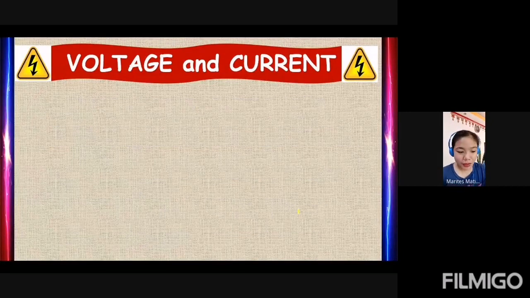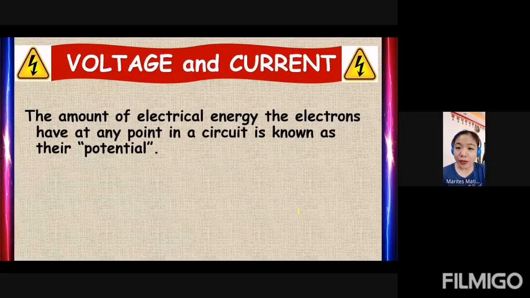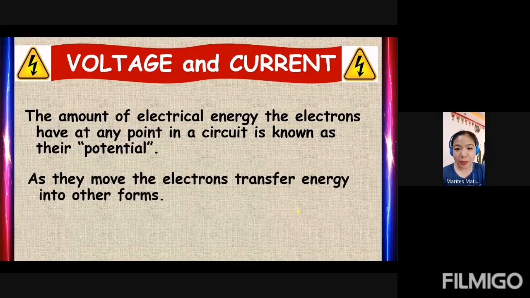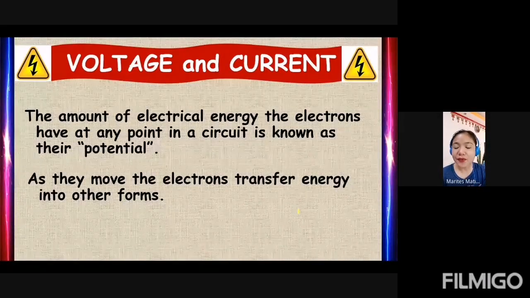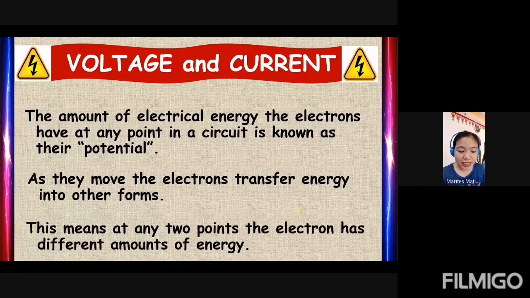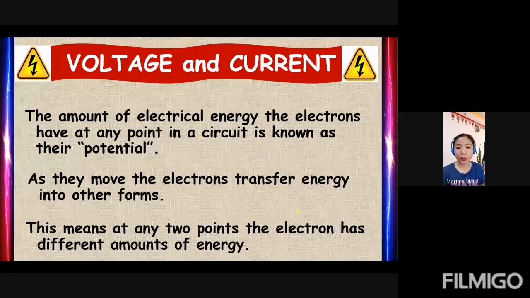Okay, so the amount of electrical energy the electrons have at any point in a circuit is known as the so-called potential. Okay? As they move, the electrons transfer energy into other forms. This means at any two points, the electrons have different amounts of energy.